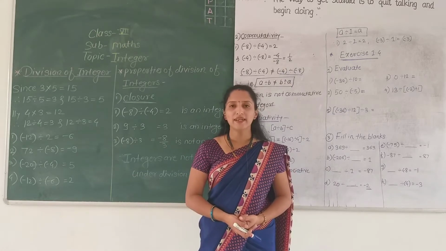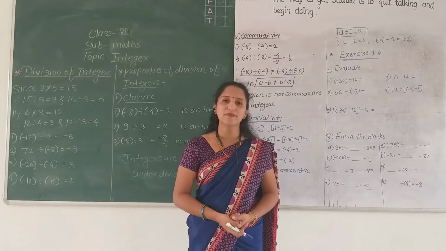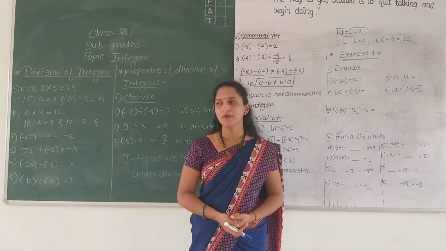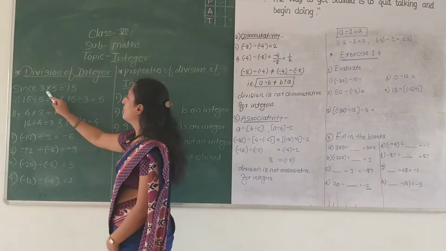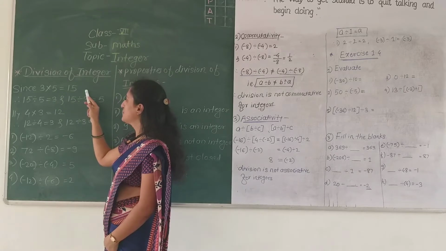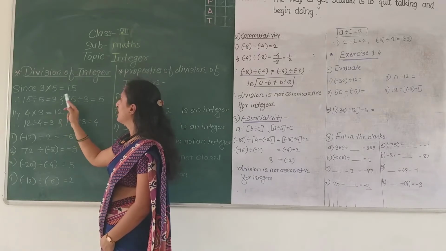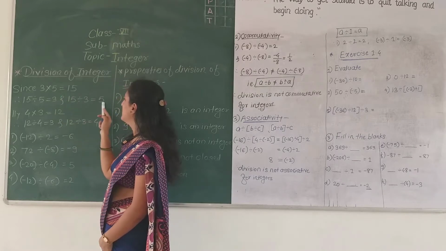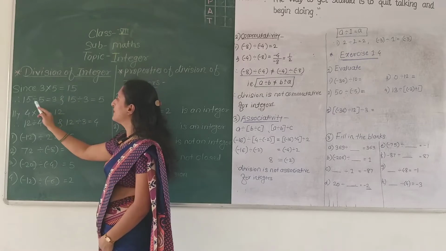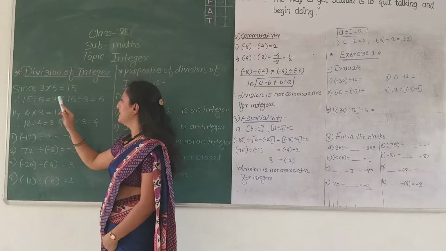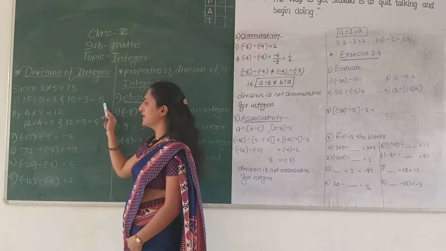All of you know that division is the reverse process of multiplication. Like 3 into 5 is equal to 15, so we can write 15 divided by 5 is equal to 3 and 15 divided by 3 is equal to 5, since 5 3's are 15 and 3 5's are 15.